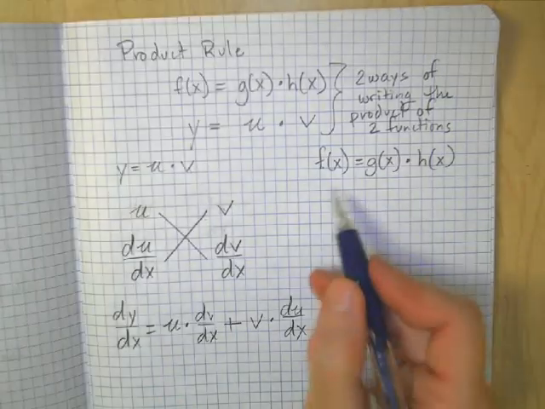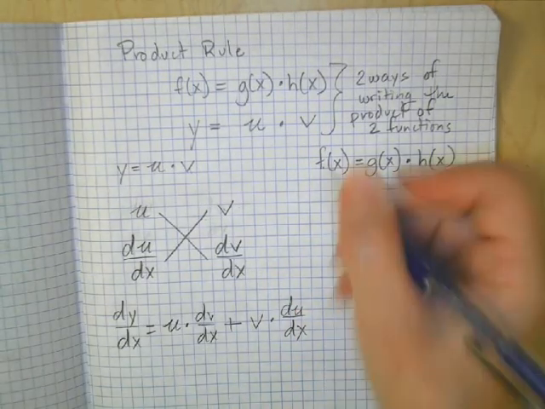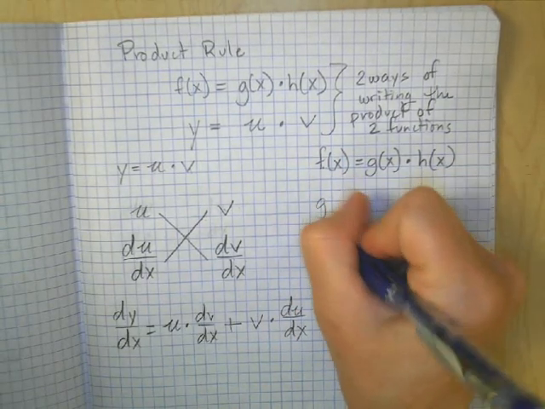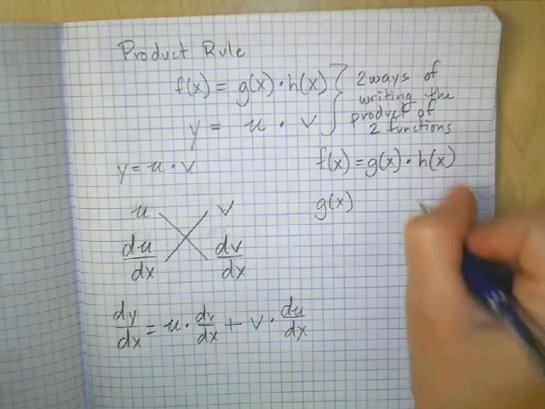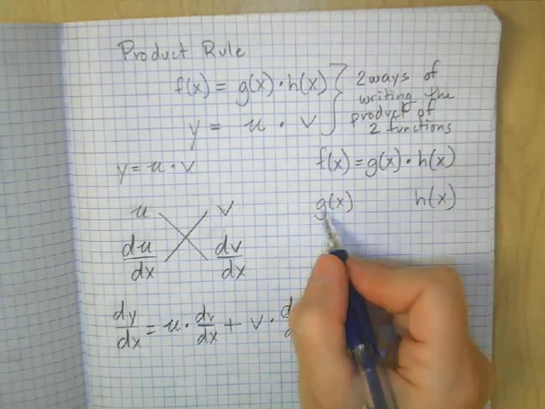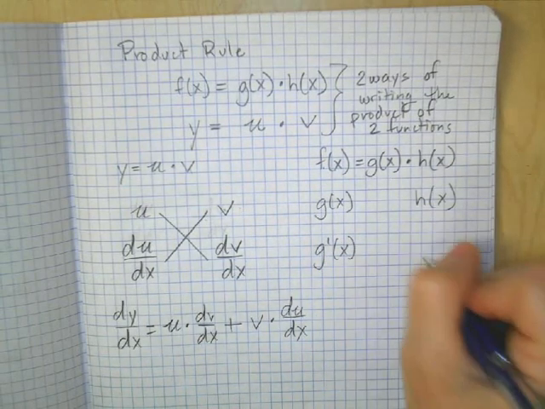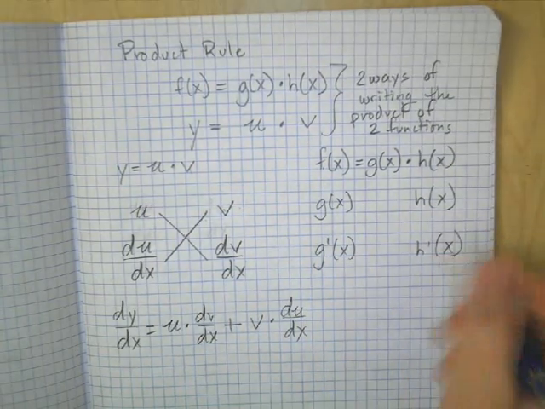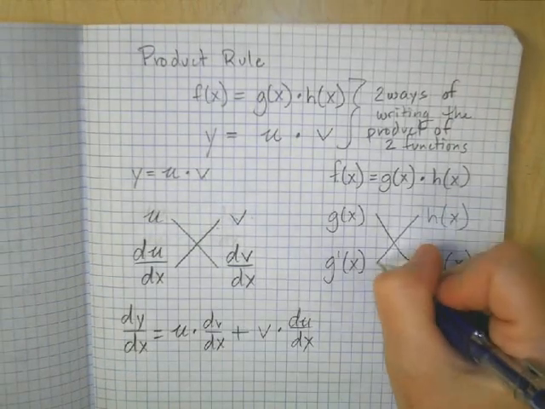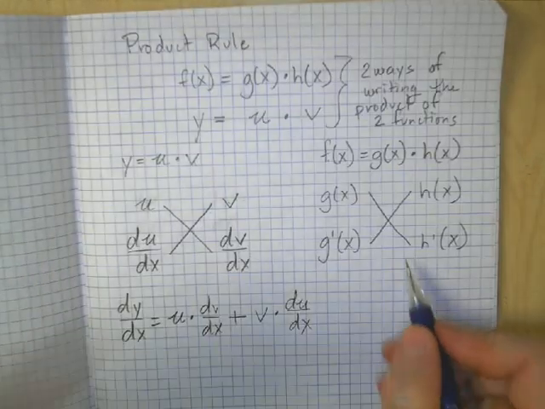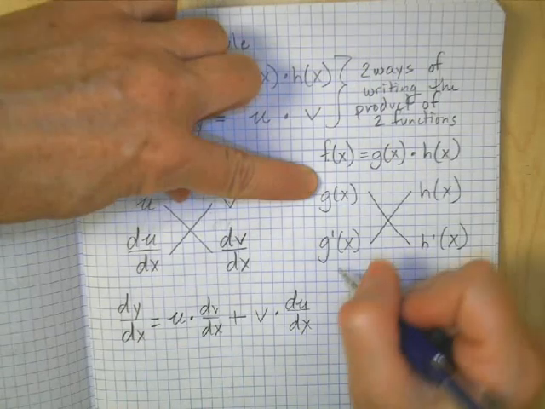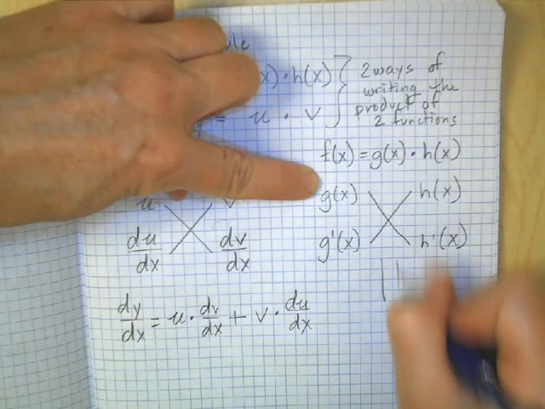Okay, if we write it with f of x, then again, I separate these. This is what I did in class today. I separated these out. I then took the derivative and the derivative, and then I cross-multiplied those. Okay, so I did g of x. I'm going to run out of room here, so let's put a big giant arrow down.